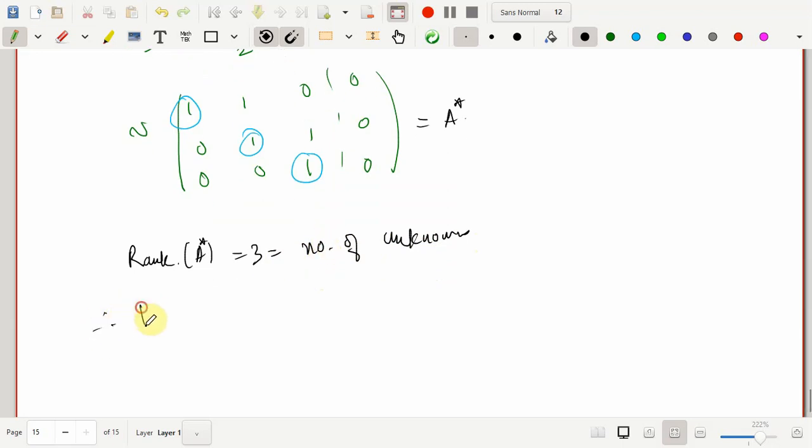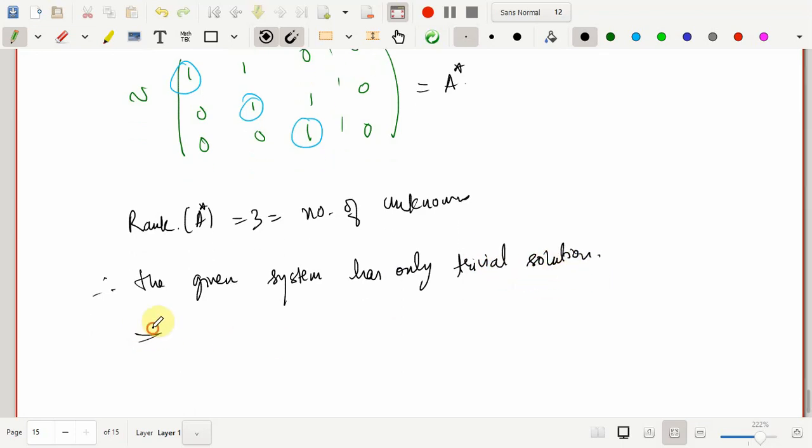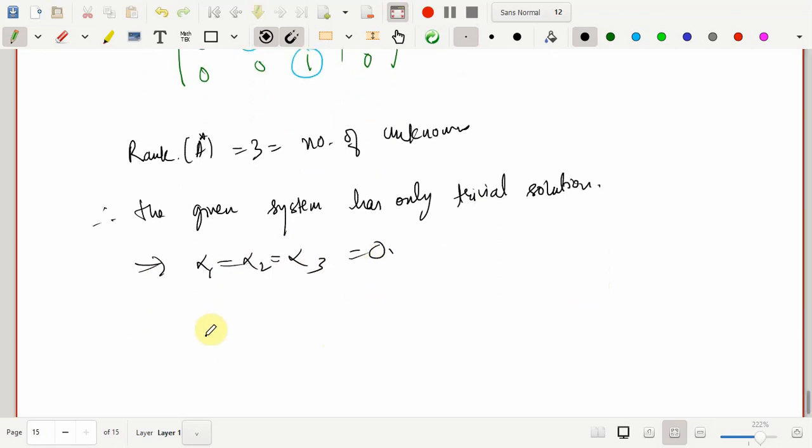So therefore the given system has only the trivial solution, which means that the only possible value for alpha 1, alpha 2 and alpha 3 is 0. So what you can claim from here is that the set S is linearly independent in R3.